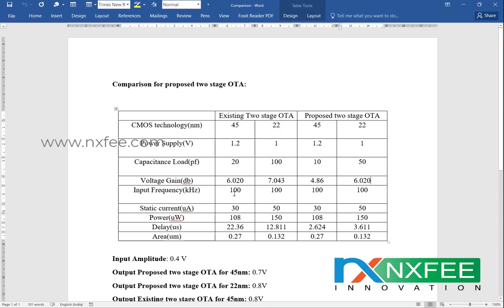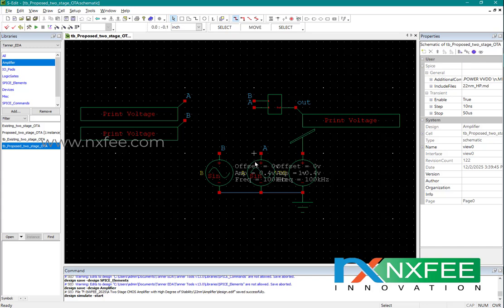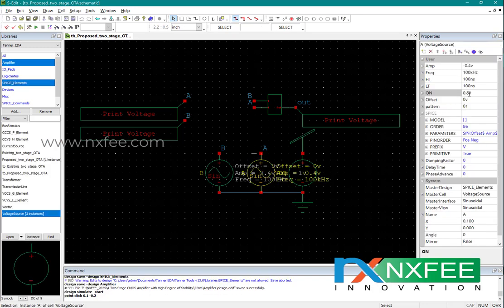The input frequency we used is 100 kilohertz and the input signal amplitude is 0.8 volts, with the offset given as 0 volt.